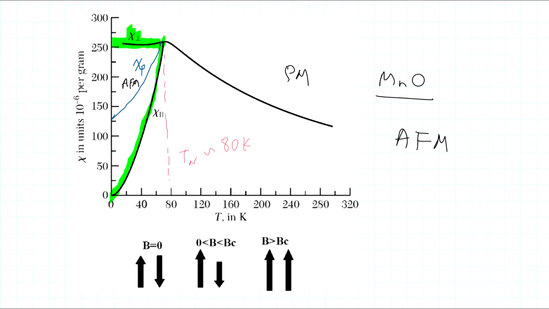Another thing: why is the molecular field H_M negative? So H_M, we say, is negative. To understand this, you have to recall the origin. The origin of H_M is exchange interaction.